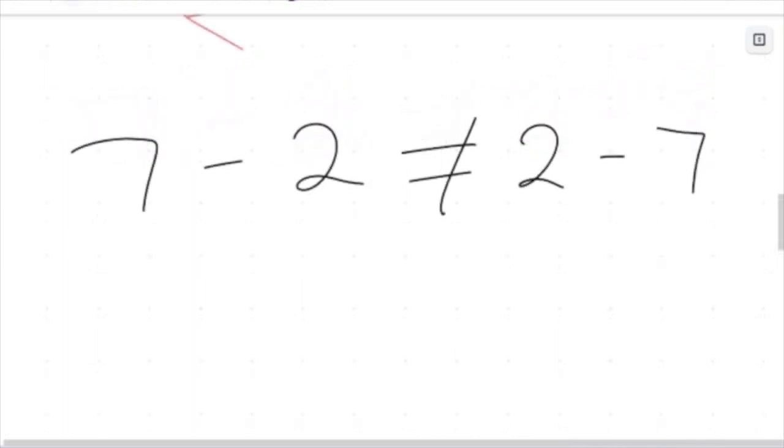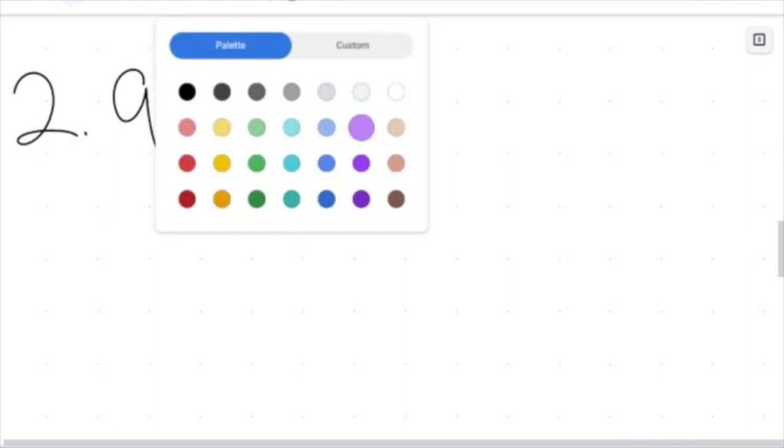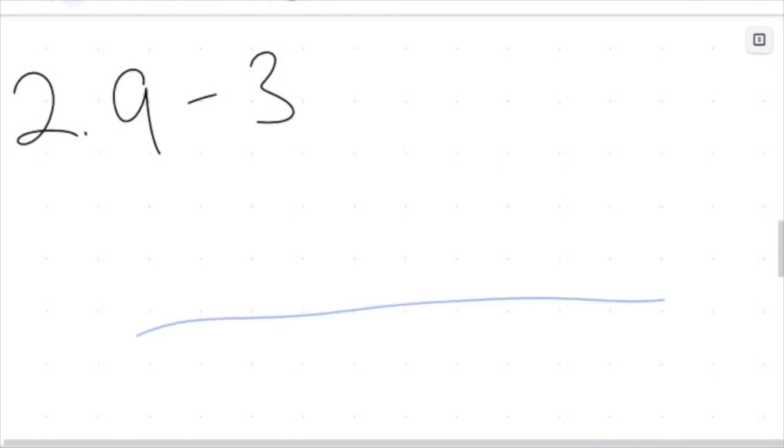So just to recap what we've done here, anytime we want to subtract, we can think of ourselves as going to the left of the number line. So looking at another example, if I did 9 minus 3, I can always draw up my number line. Here, I'm looking at a number that is 3 less than 9. So let me start from 4 here, 5, 6, 7, 8, 9.